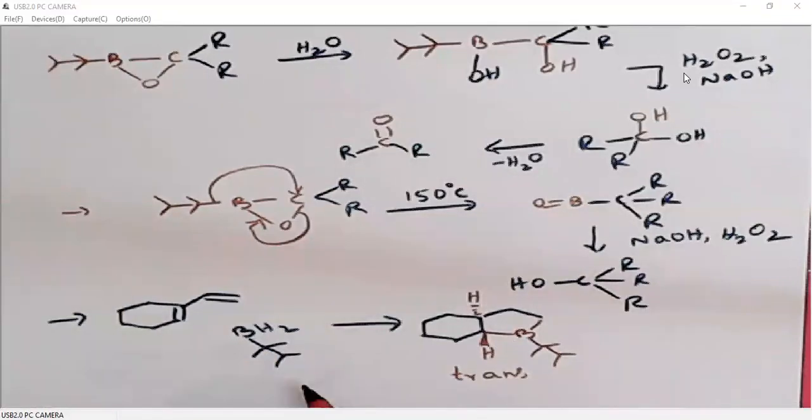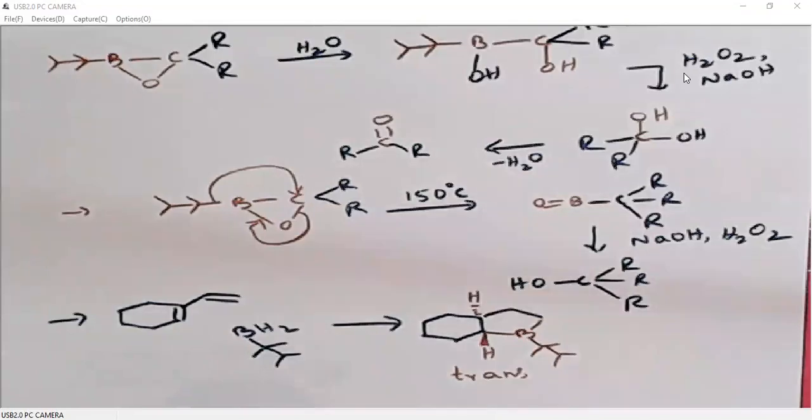So if boron approaches this alkene from below the plane, the hydrogen which is already there will now move above the plane. The hydrogen here will be in the opposite plane. So the ring fusion is trans.